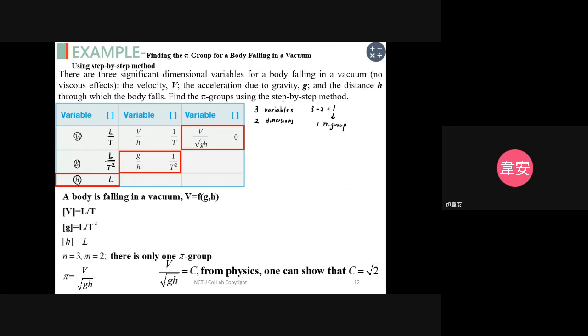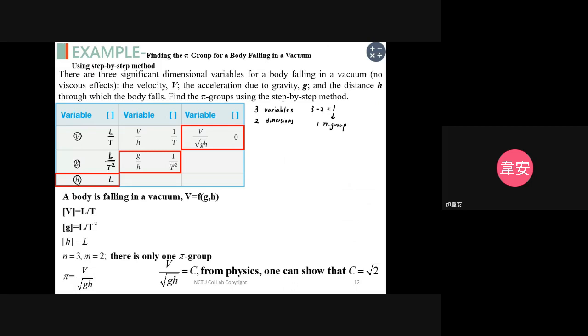For the velocity, we divide by h and the L dimension is cancelled out. For gravity, we also divide by h and the L length is cancelled out.